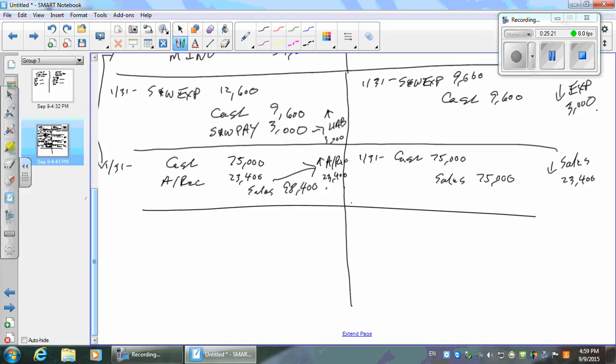It says other operating expenses, 8,400 are incurred and paid during January. 2,000 of incurred expenses are payable. So what's the total expense? Oh, maybe we screwed this up. 8,400 are incurred and paid, plus 2 is 10,400. Did we do it that way?